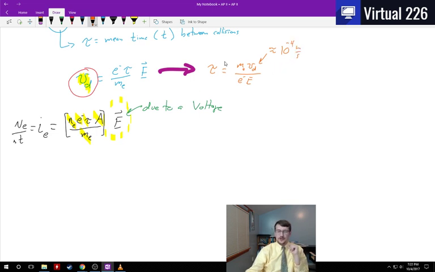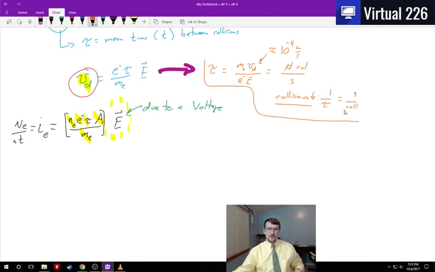So you could find an average value for tau. This right here is the number of collisions per second. Okay. The collision rate is 1 over tau, because that gives you seconds per collision. Okay, so kind of a sidebar there, but an interesting thing as well.